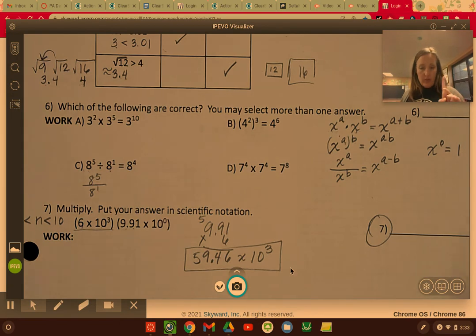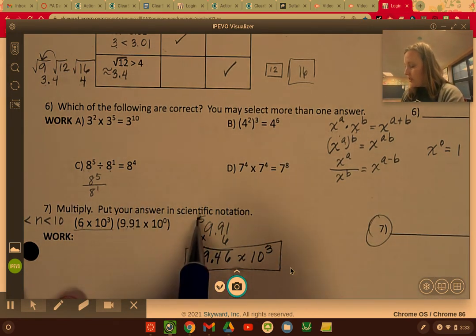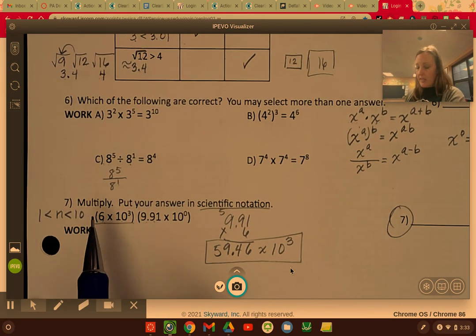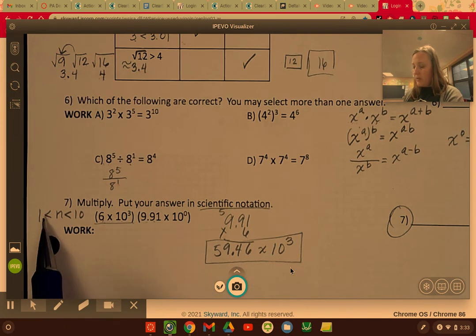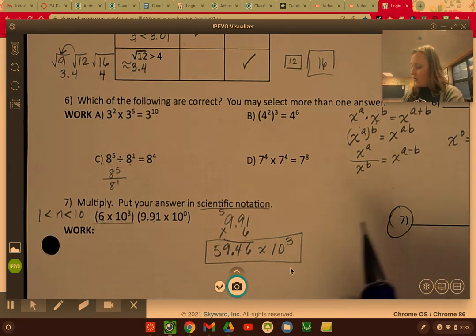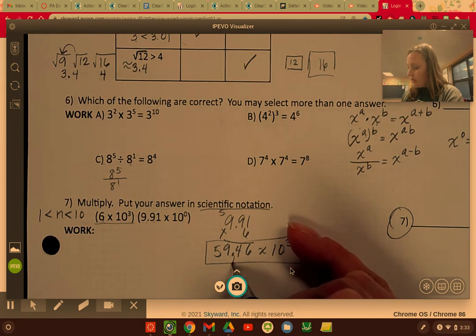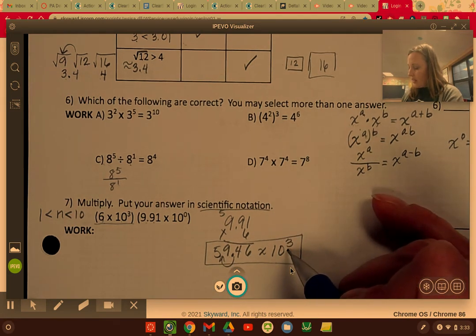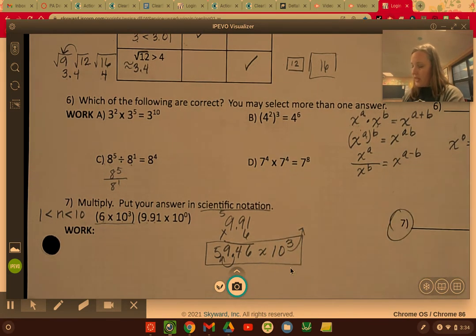But now hold the phone. It says, put your answer in scientific notation. This isn't actually scientific notation, right? Because 59 is definitely bigger than 10. Remember, the rule says this first number here has to be between 1 and 10. So what I'm going to have to do is go left with that decimal, and that means I need to then raise the roof on this exponent to make it bigger.